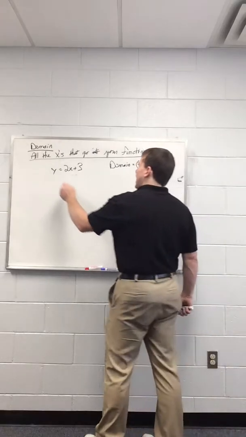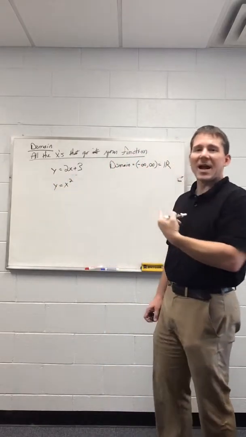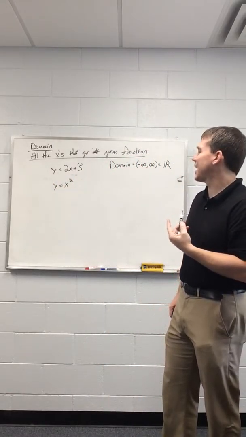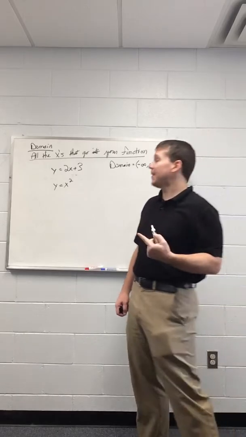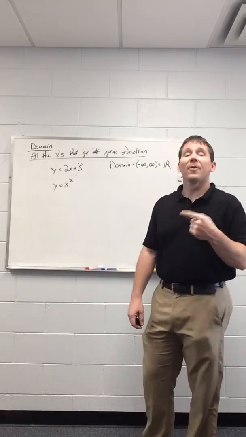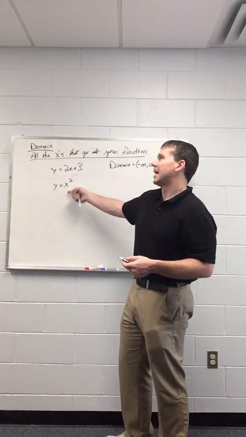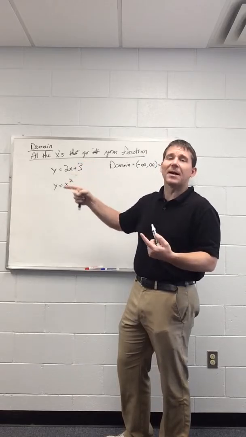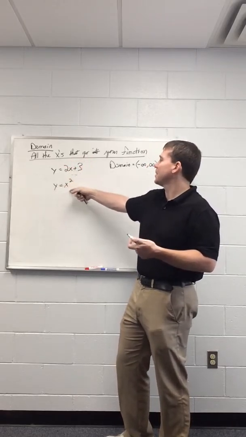So suppose I look at something else. y equals x squared. That's a quadratic, like we were just dealing with at the end of the last chapter. And we can do the exact same thing. If I want to find the domain, I look for x's that don't work. If I plug in a positive number, I can square a positive number, so that'll be fine. If I plug in a negative number, I can square a negative number, so those will be fine.